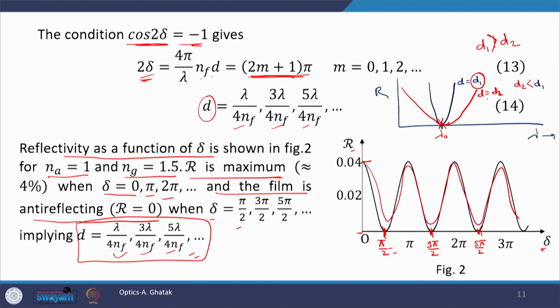While for a smaller thickness d of the anti-reflecting coating, if you deviate from lambda naught, the reflectivity does not rise very rapidly. The bandwidth over which reflectivity is minimum is large for smaller thickness, and therefore people prefer the smallest possible thickness of anti-reflecting coating while designing optical instruments.